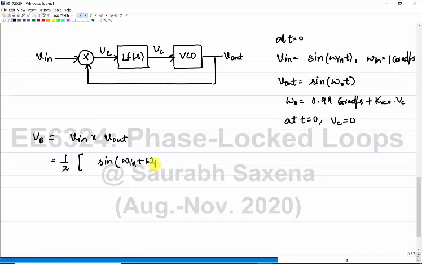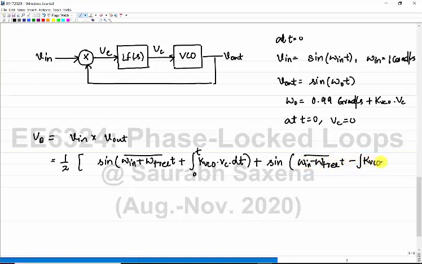So omega in plus omega free, because these frequencies are fixed, plus K_VCO times the integral of V_C dt from 0 to t, plus sine of omega in minus omega free, which is the initial frequency error, minus K_VCO. You can assume that I start with a 0 phase offset to begin with, because these are all assumptions. So this is what you have at the beginning of your PLL.